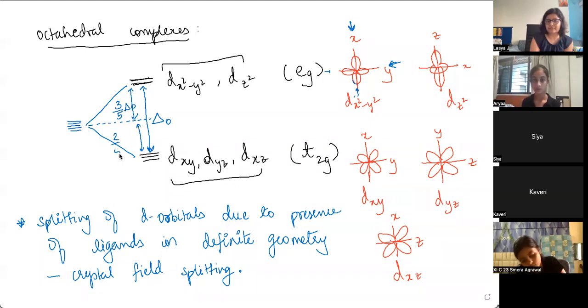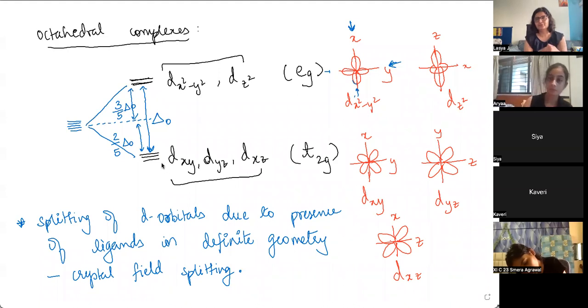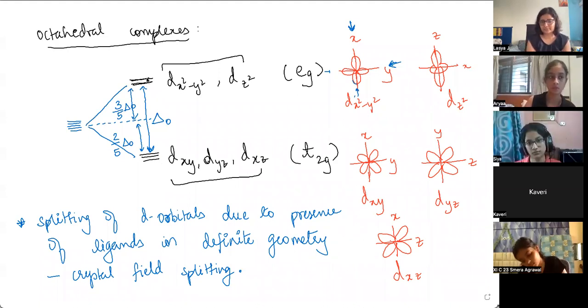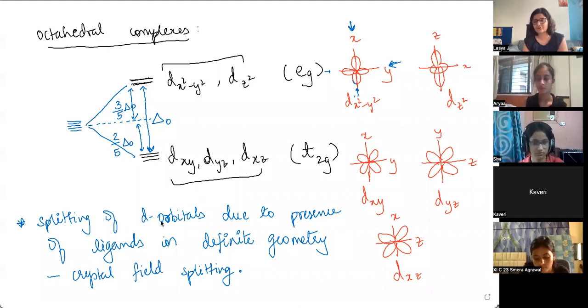This takes up 2/5 delta naught. Again, very symmetrical, it's splitting in a ratio of 3:2. So 3/5 delta naught times 2 is equal to 2/5 delta naught times 3.